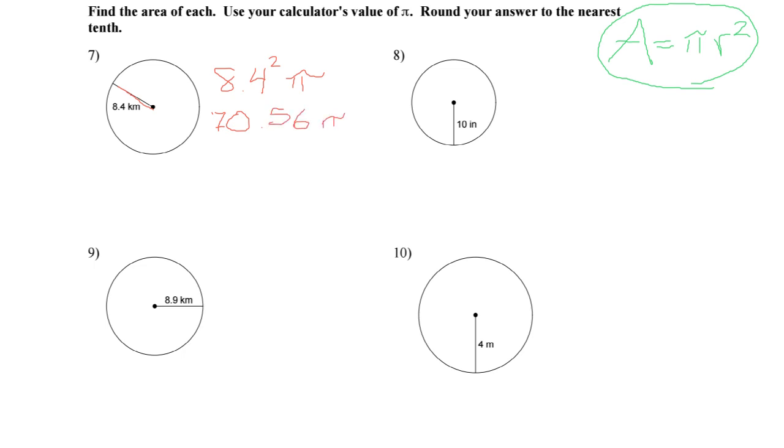That 70.56 is a bit of a mess already, so we may as well multiply this out. And if we multiply 70.56 by pi, we get about 221.67. And that's kilometers squared because we're dealing with area. So there's my answer for that first problem.